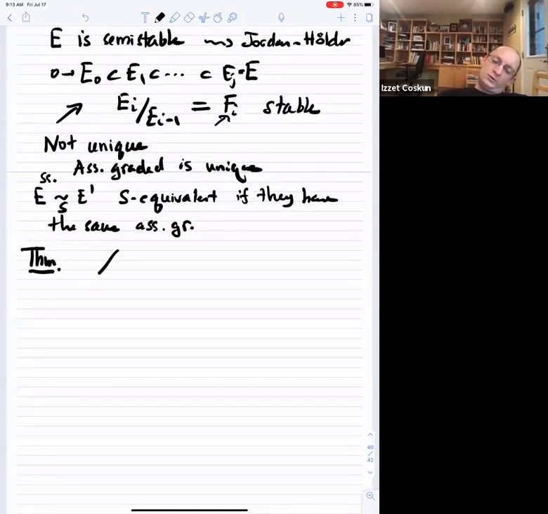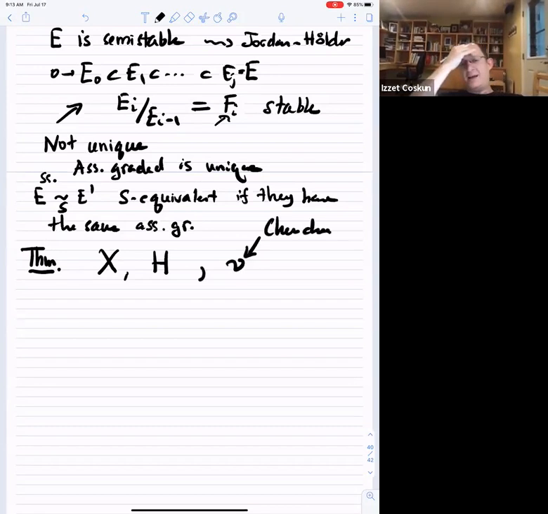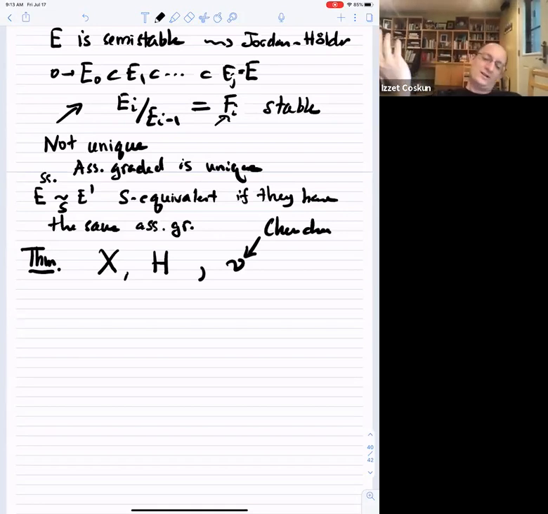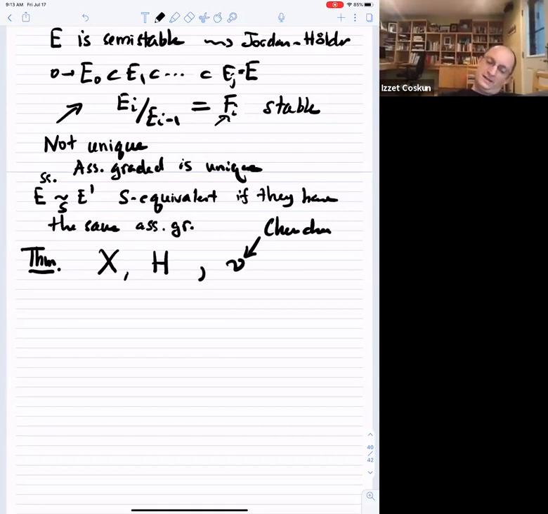So here you have your smooth projective surface, you have your ample divisor, as usual, and you fix a Chern character. So you specify the rank, the first Chern class, and the second Chern class of your bundle. Then the theorem is that there exist projective moduli spaces. I'll typically denote it like this.